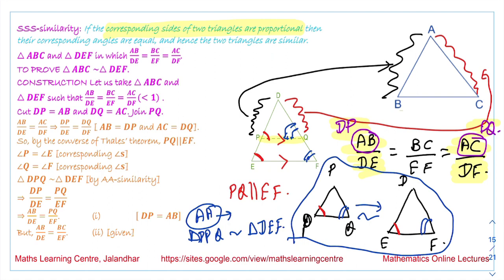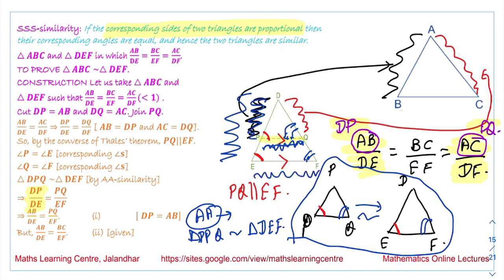Now if these two triangles are similar to each other, then DP over DE is equal to PQ over EF.